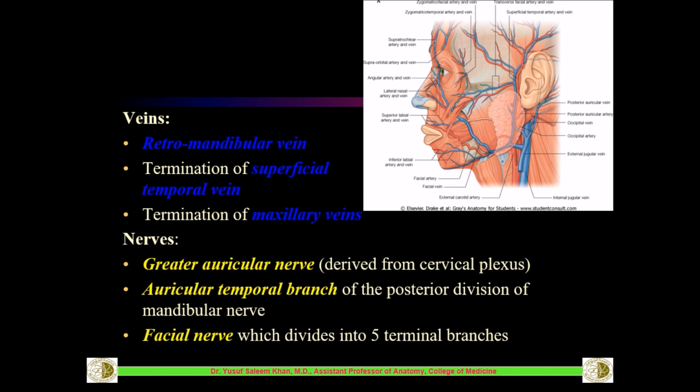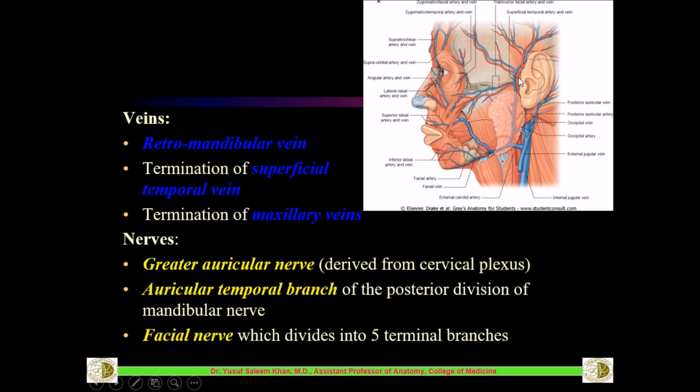Coming to the veins present within this parotid gland, there is the retromandibular vein. There is a vein which passes deep to it and comes out. That is called the retromandibular vein. Then there is the termination of the superficial temporal vein.